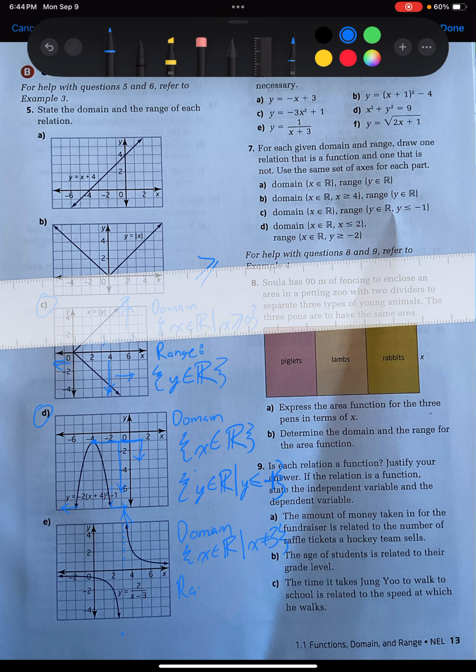So the range is y is an element of real numbers such that y never equals 0. And that's question 5.